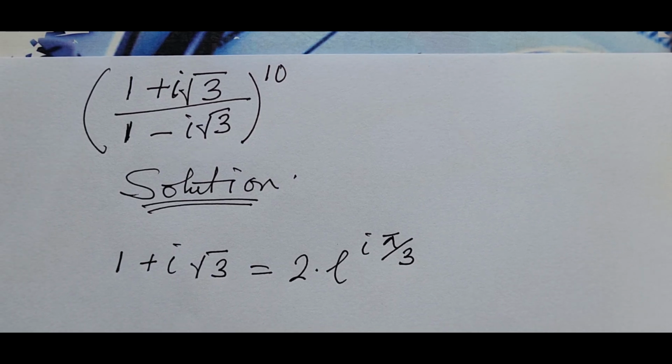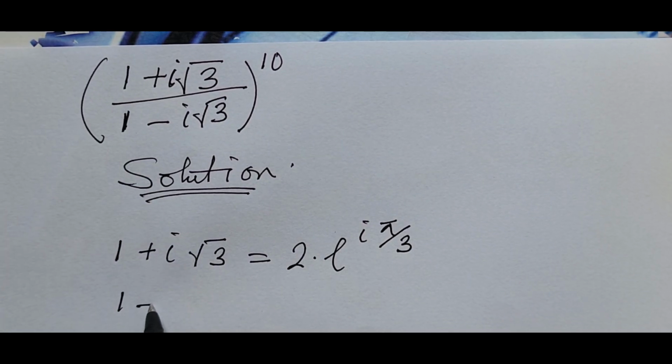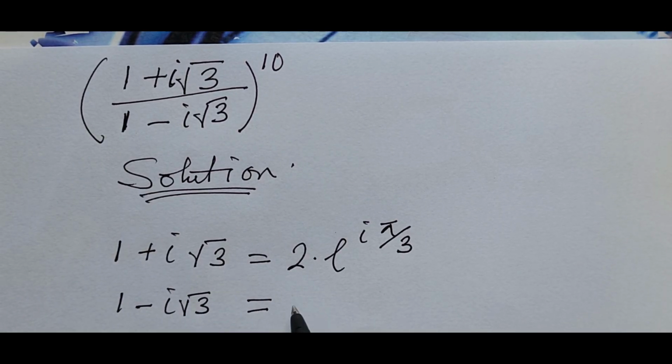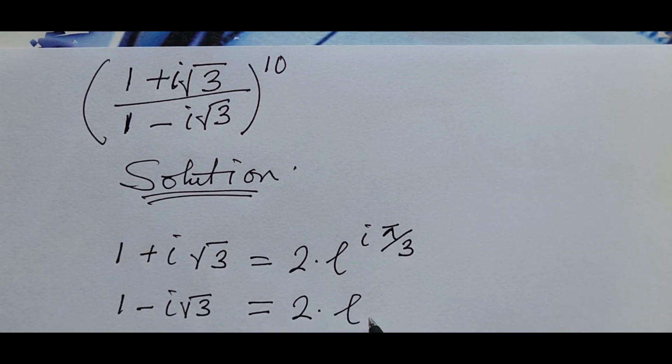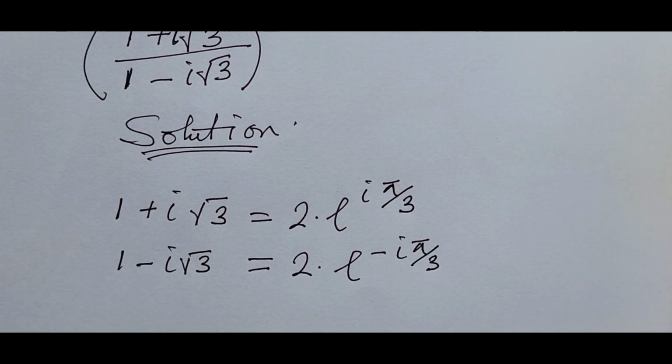On the other hand, if we simplify the denominator, which is 1 minus i root 3, this is equal to 2 times e raised to the power of minus i pi all over 3, right? Good. So we can go ahead to substitute these two values into what we have here.